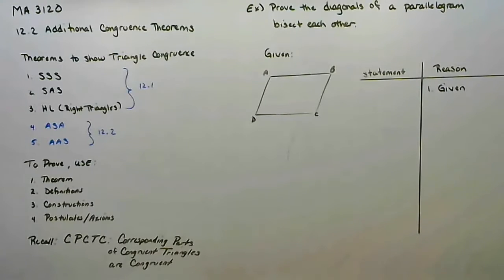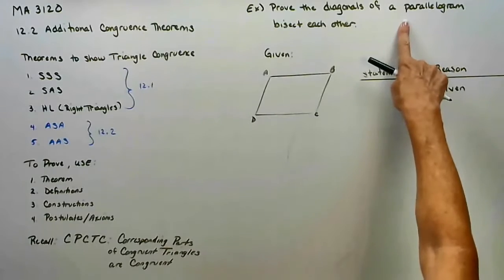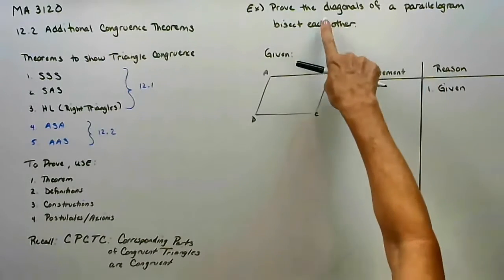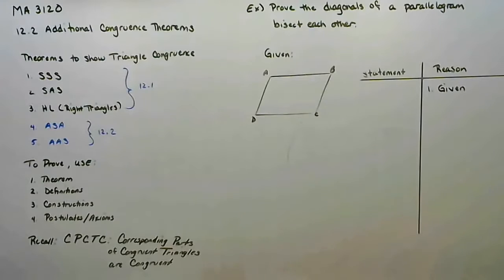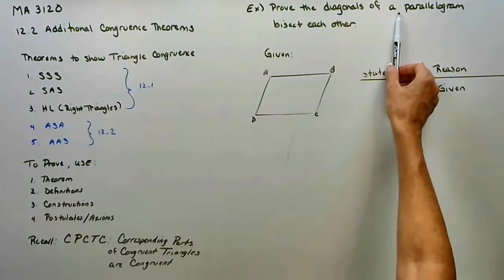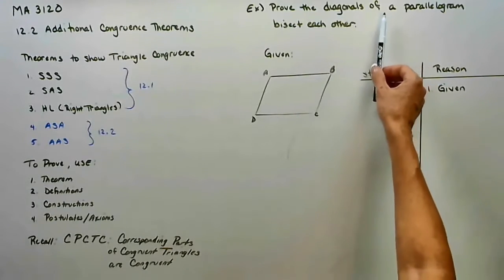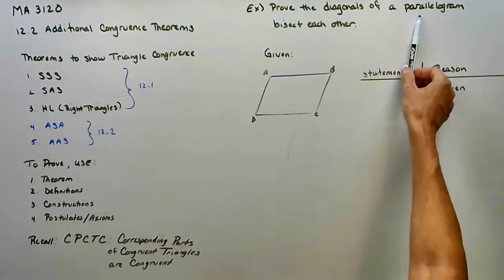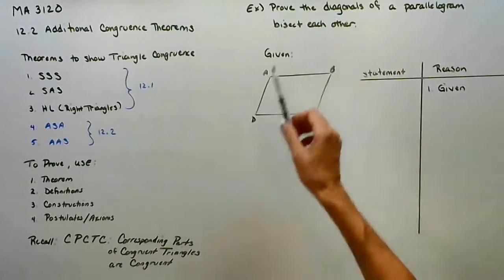The only piece of information we're given is that if we have a parallelogram, then the diagonals bisect each other. That's the theorem we want to prove. We want to write that as a conditional statement. If a polygon is a parallelogram, then the diagonals bisect each other.